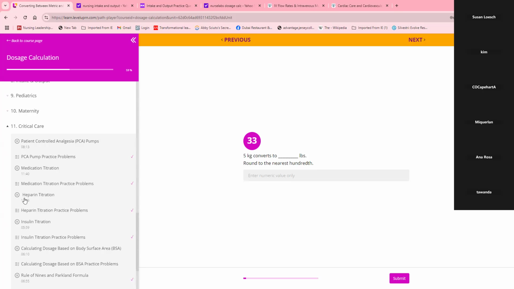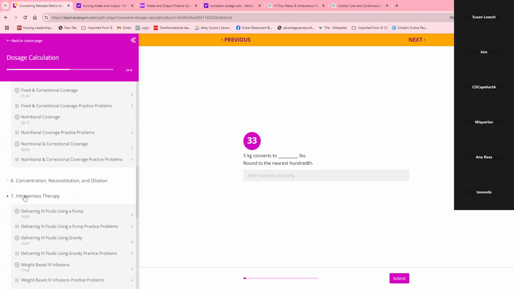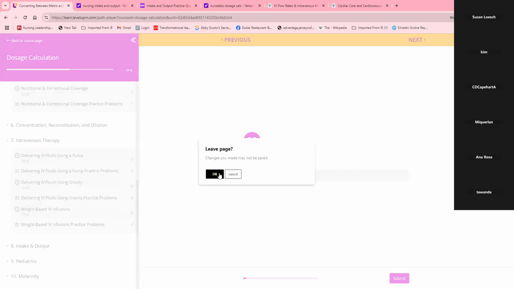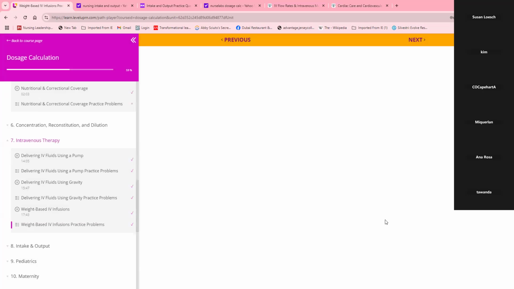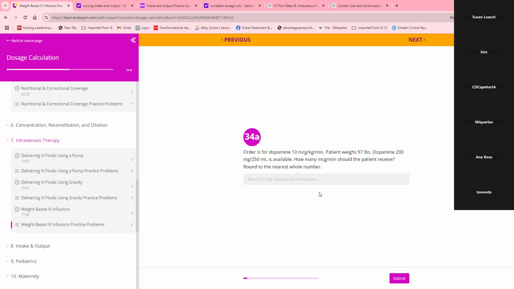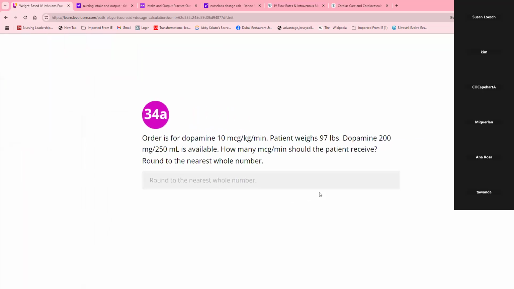Where is my weight based? Okay, here we go. Okay, now look at the first problem, because the first problem is similar to that one that we just did.